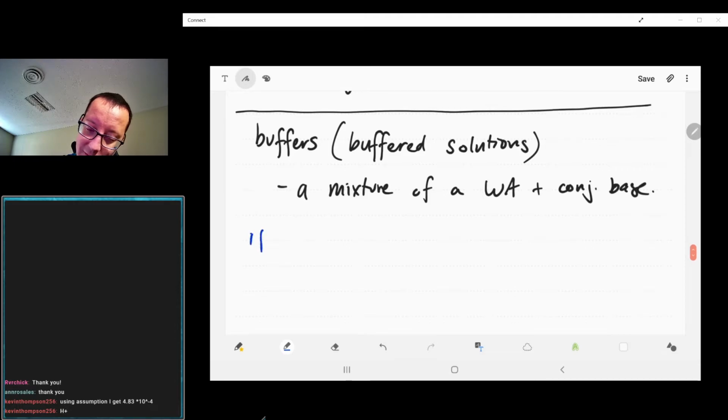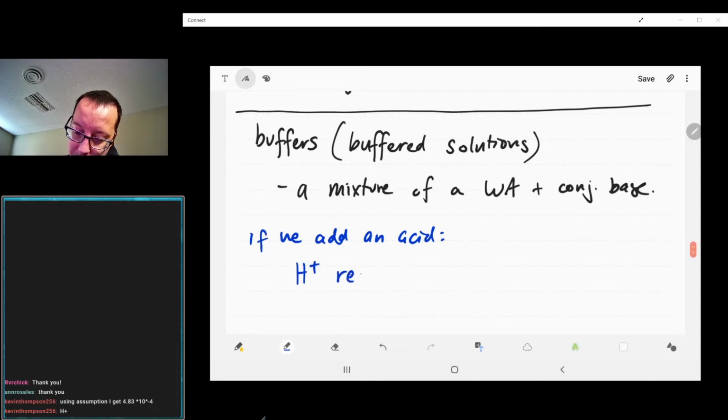If we add an acid to this buffered solution, the new H plus that we're putting in will react with our conjugate base, and it will neutralize it.